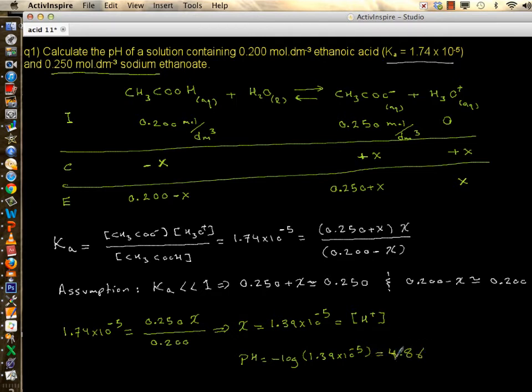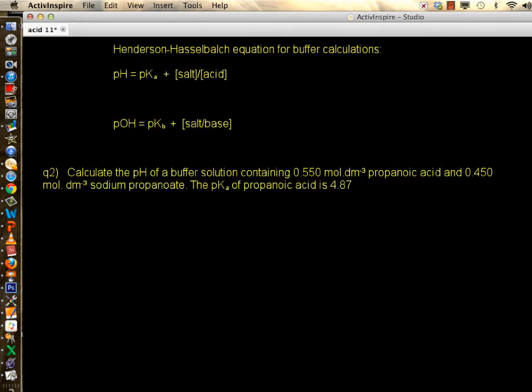So an equilibrium buffer calculation is the same as an ICE equilibrium calculation. But now I'm going to give you a shortcut and one equation to memorize, which makes life easier.